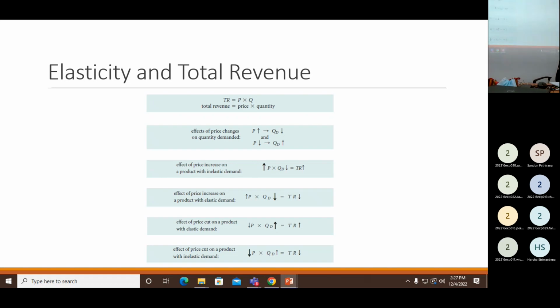Is that clear? So that's how total revenue behaves based on the behavior of the elasticity, elastic or inelastic. Can you quickly go through this and see if it's clear, or if you have any questions, ask me and clarify now itself.